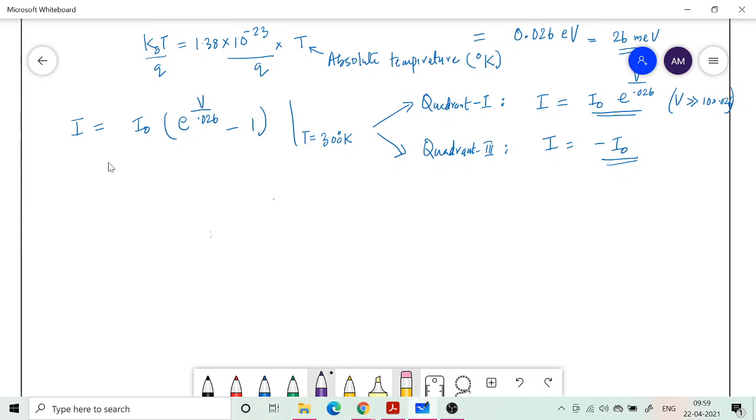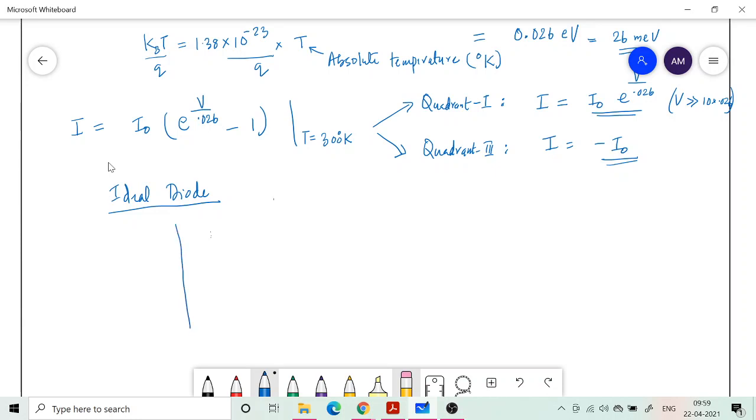We talk about what is called an ideal diode.